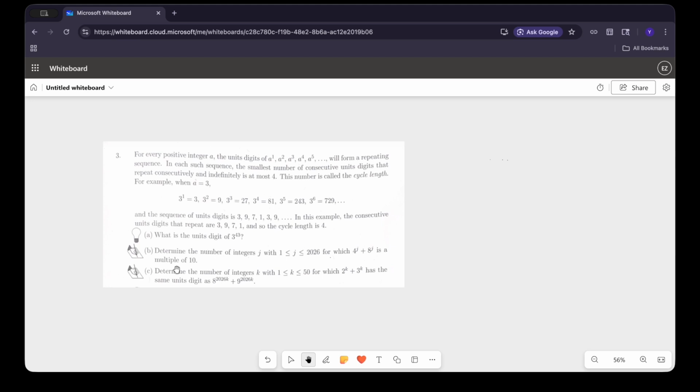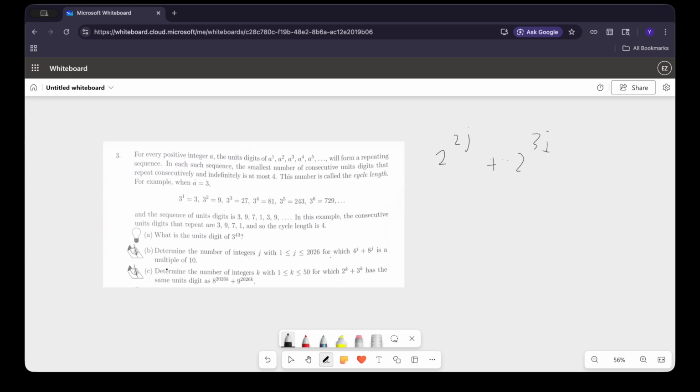The second question. Determine the number of integers j with j bigger than or equal to 1 and smaller than or equal to 2026, for which 4^j plus 8^j is a multiple of 10. Okay, this is easy. So first we factor to observe the pattern. 4^j is equal to 2^(2j), plus 2^(3j), which is equal to 8^j.